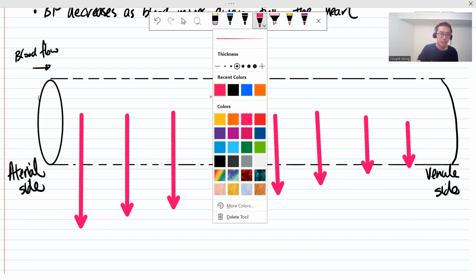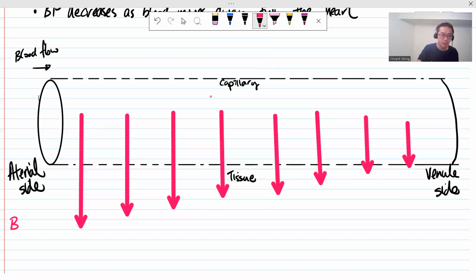All right, so blood pressure here, BP, is approximately 30 mmHg. That's the unit we use to measure blood pressure. Millimeter mercury. That's what mmHg stands for. And on the other side, it's about half of that.